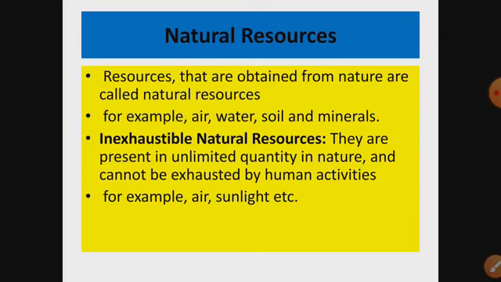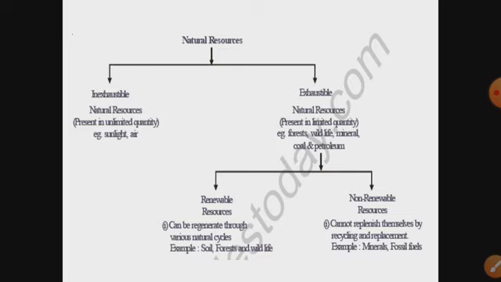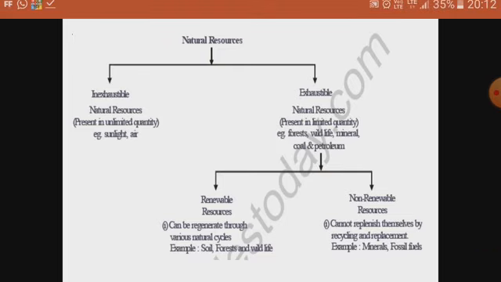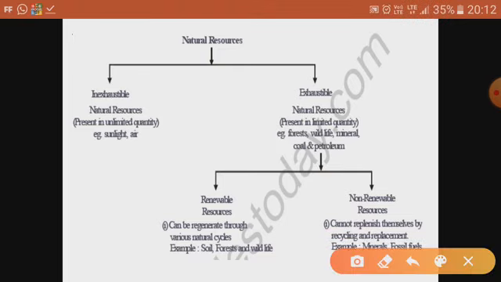Now it will be further divided into exhaustible natural resources and inexhaustible natural resources. In the previous class we have already seen that natural resources can be divided into two categories. One is inexhaustible, another is exhaustible.